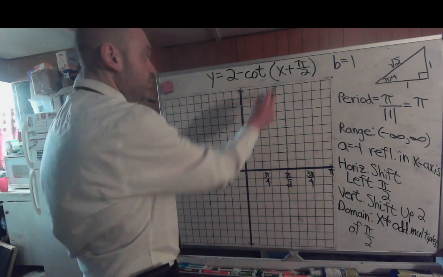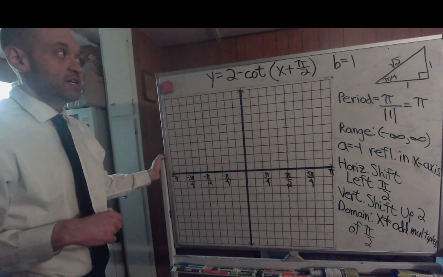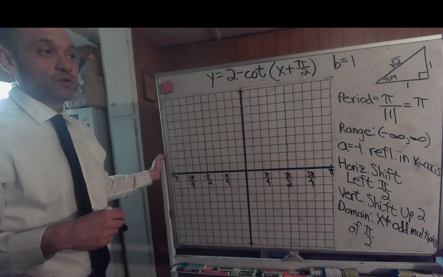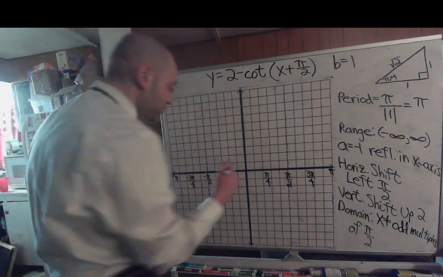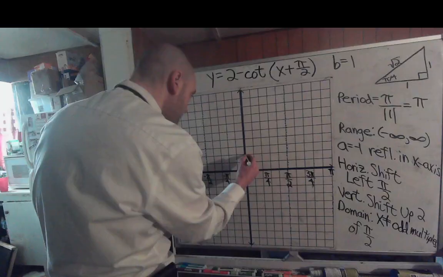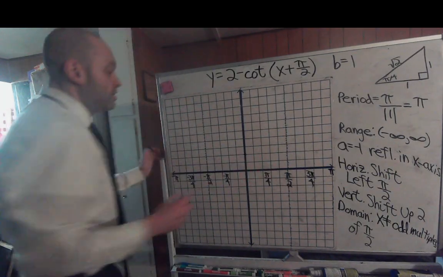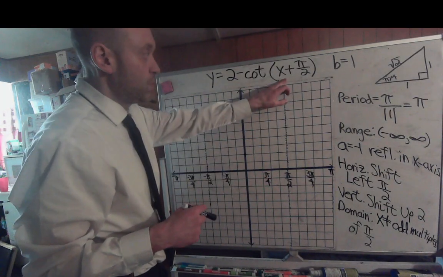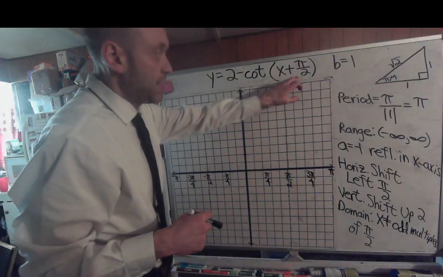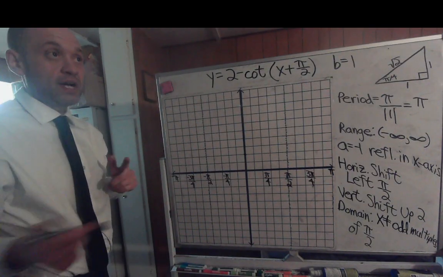Let's put in 0 for x. You really get the cotangent of pi over 2, which we know to be 0, plus 2 would give you 2. Now, what if we put in pi over 4? So pi over 4 plus pi over 2 is actually 3 pi over 4.